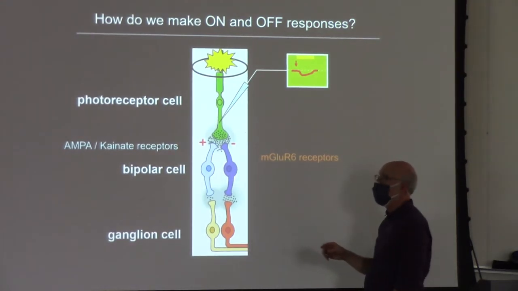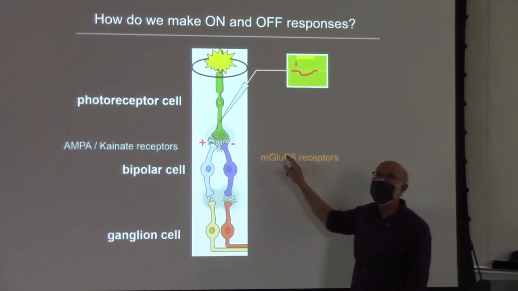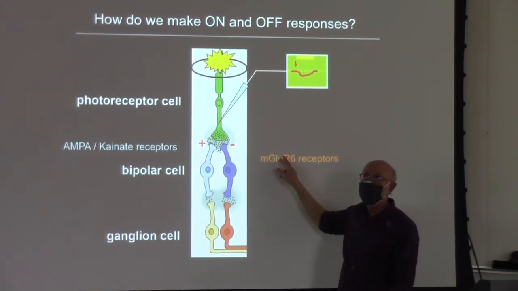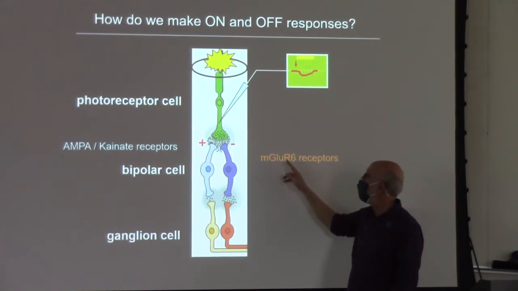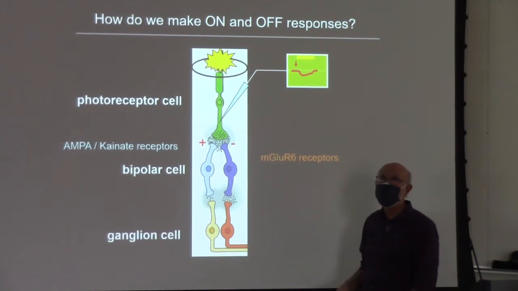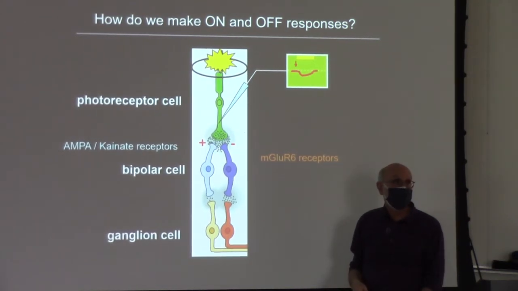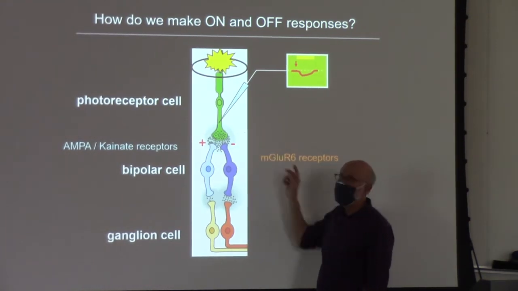On other bipolar cells, there is an inhibitory metabotropic glutamate receptor. This is a GPCR that is coupled to Gi. And it's inhibitory.